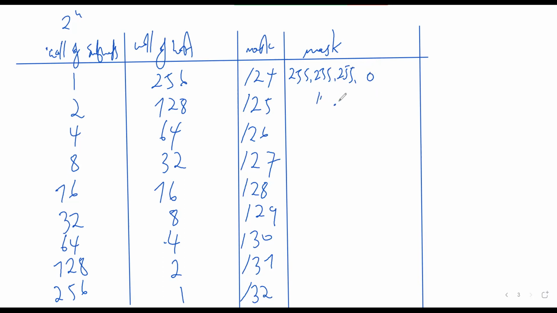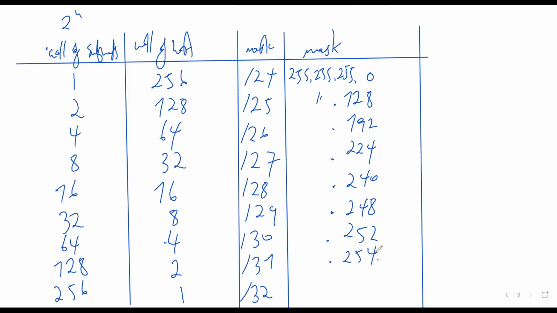This goes on to 255.255.255.128, then 192, 224, 240, 248, 252, 254.